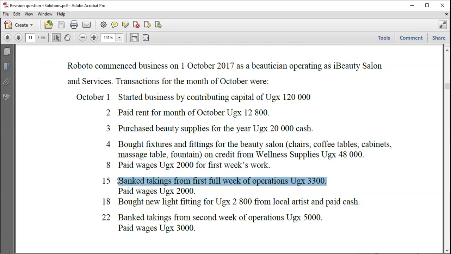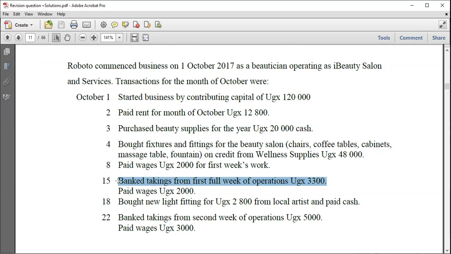You may not call it sales because sales is more related to products, but these are collections. So since we have not yet recognized these collections, we shall go ahead to recognize them.